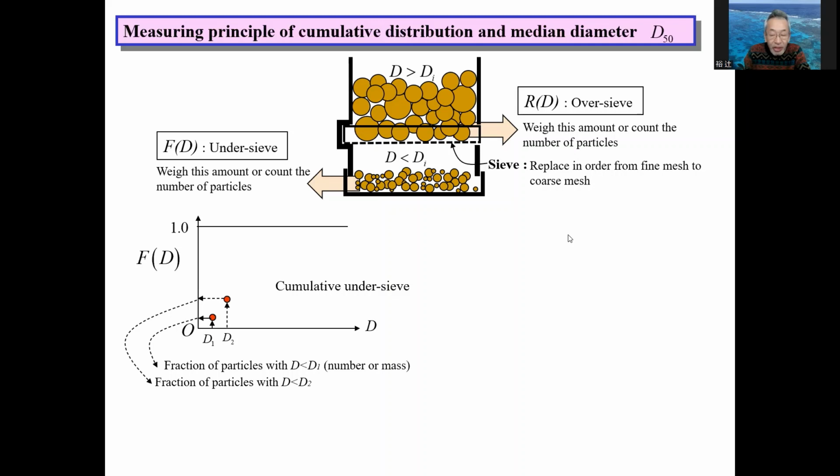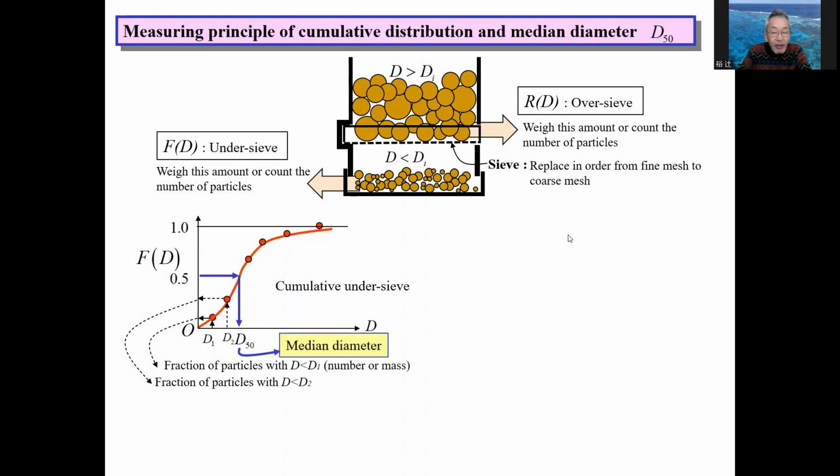The measurement result is plotted second. In the same way, the mesh size is increased one after another. Finally, all the particles are collected in the bottom container and Fd reaches the maximum value of 1. Drawing the line connecting the plotted points gives the red curve.